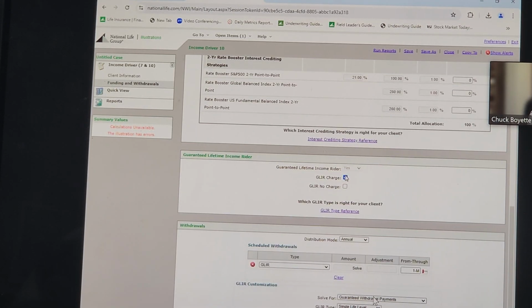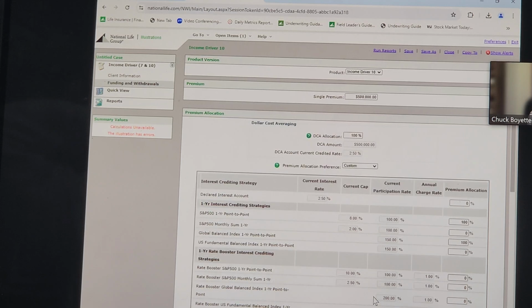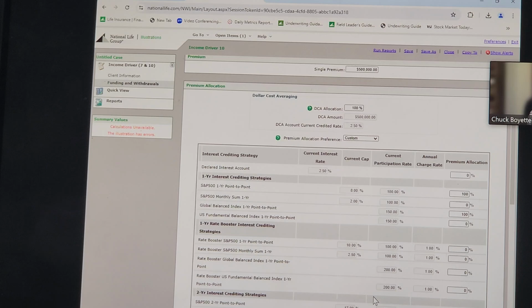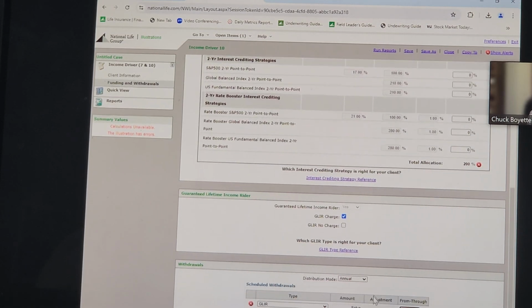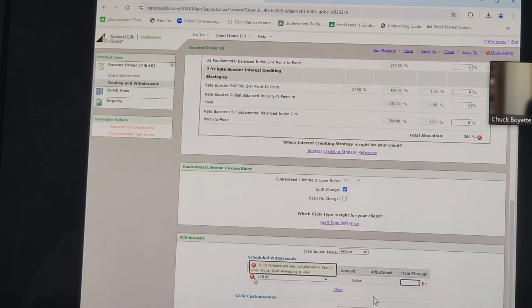We're still going to do the charge clear, and we're going to go down to withdrawals. We're still going to do clear. The reason why we have a red X here is because we're doing the dollar cost averaging account, and it'll tell you, guaranteed lifetime income withdrawals are not allowed in year one when dollar cost averaging is used, right?